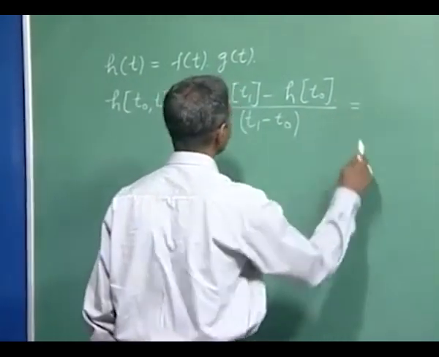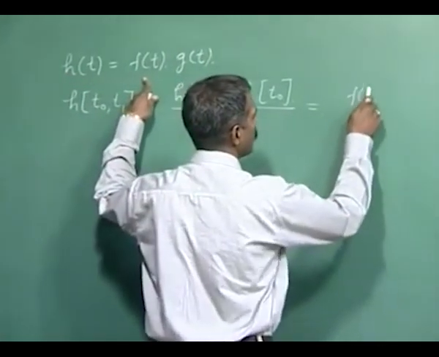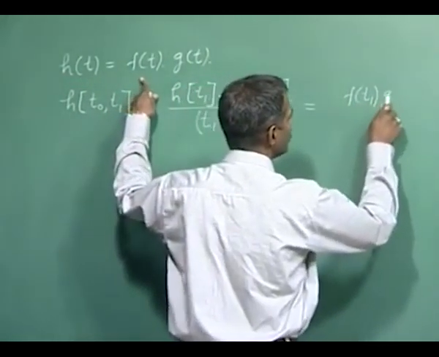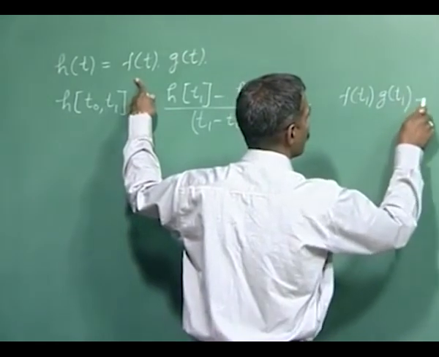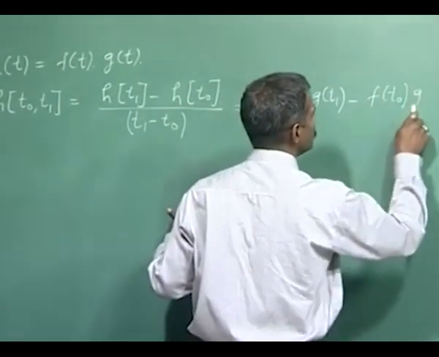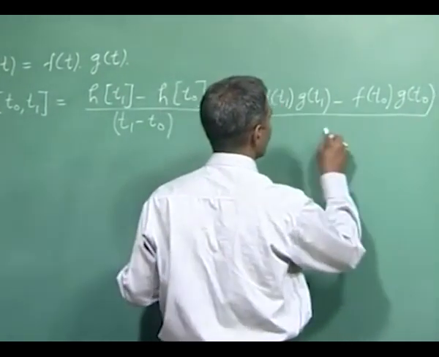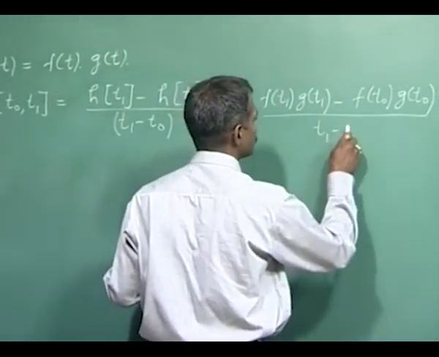This is equal to f of t1 g of t1 minus f of t0 g of t0 over t1 minus t0.